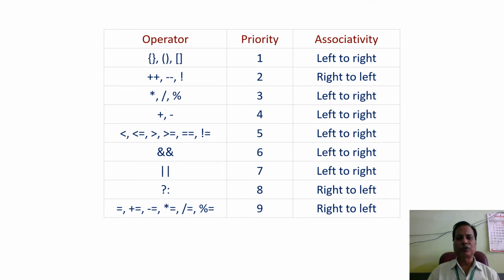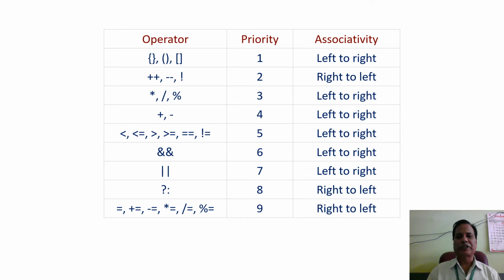Now this table shows the precedence as well as associativity of the operators. In this table we see that brackets have the highest precedence, and the operators equal, plus equal, minus equal, asterisk equal have the lowest precedence.